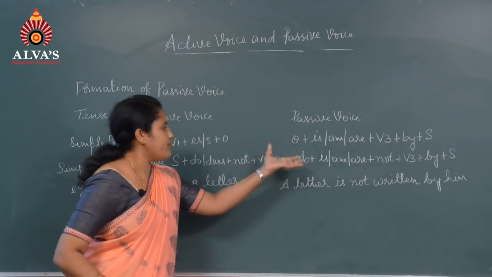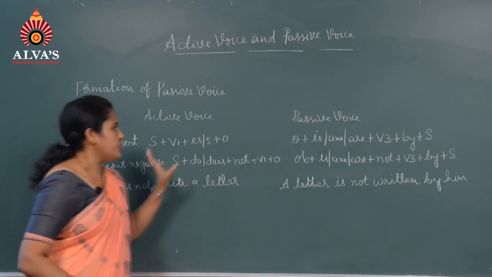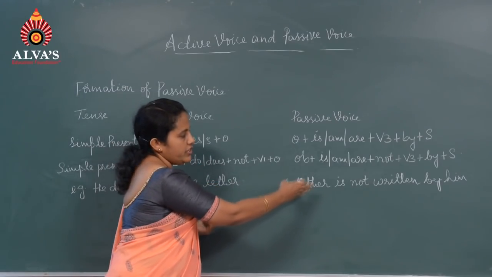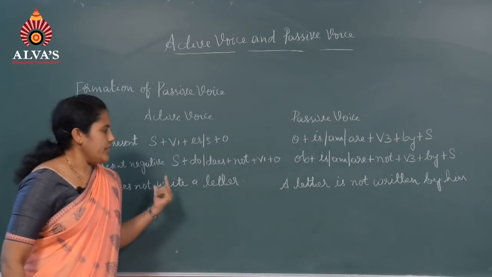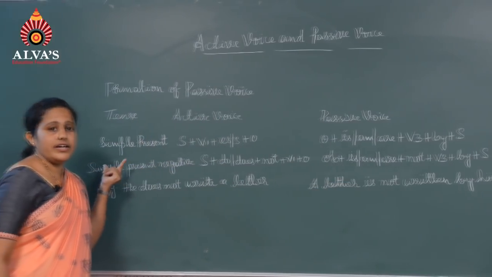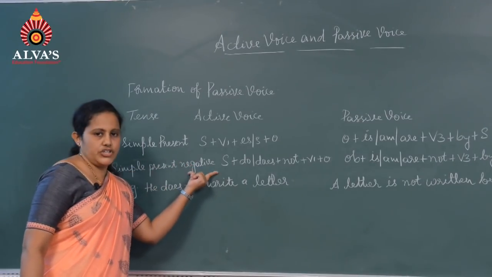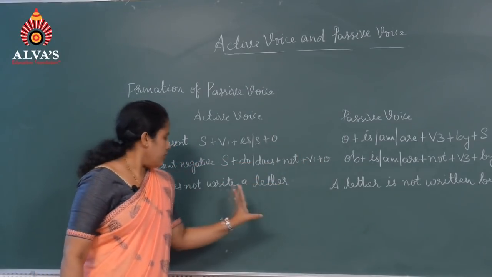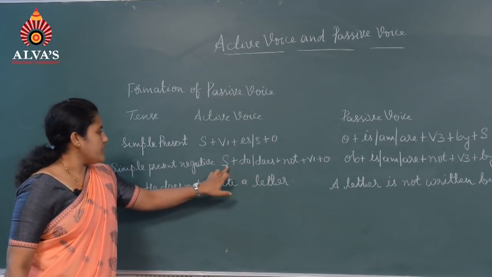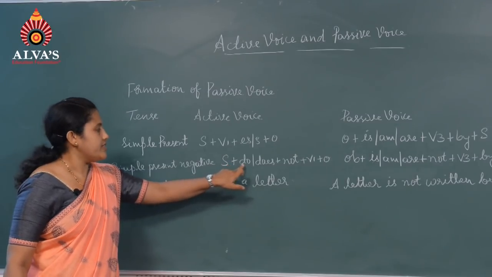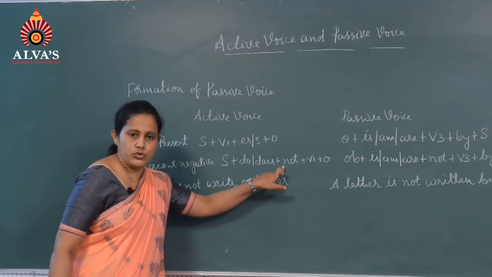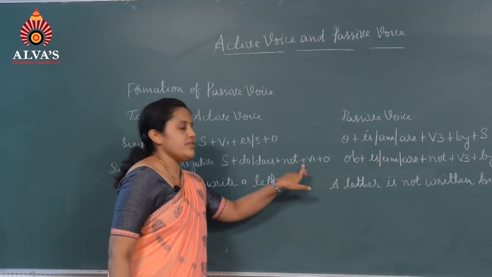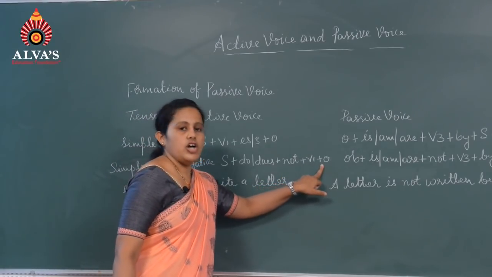So, according to the formula, we change from active to passive: a letter is not written by him. This is if the sentence is in simple present negative. So, what are the changes you have to do? Here you can see the formula: subject plus do or does plus not, because it is a negative sentence, plus V1, the first form of the verb, plus object.